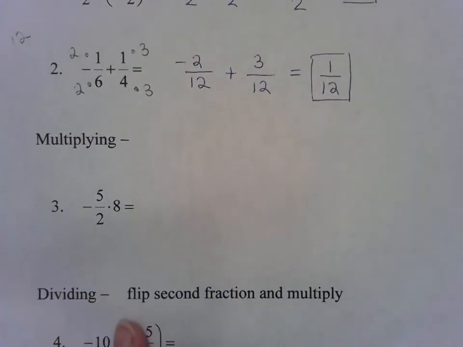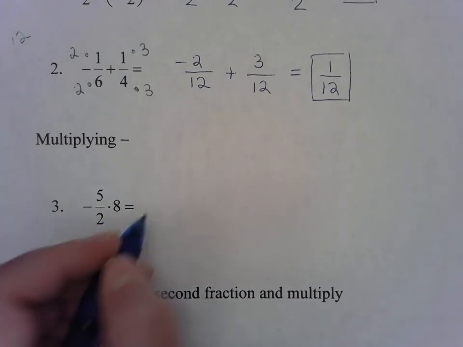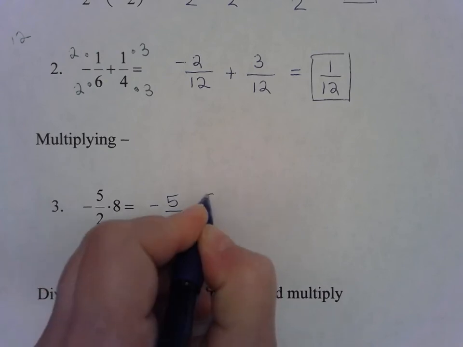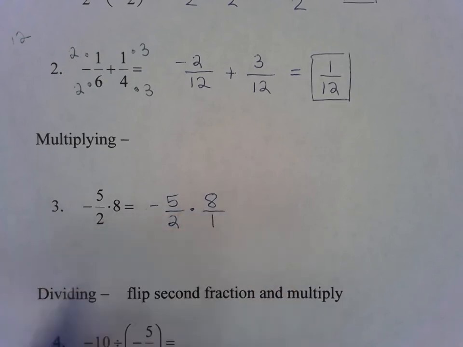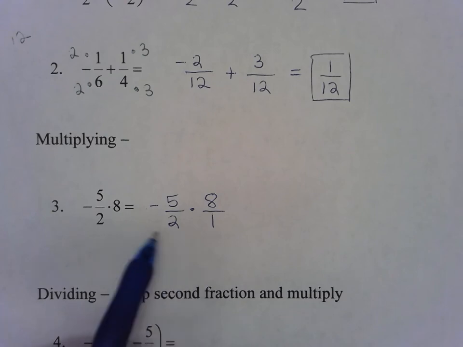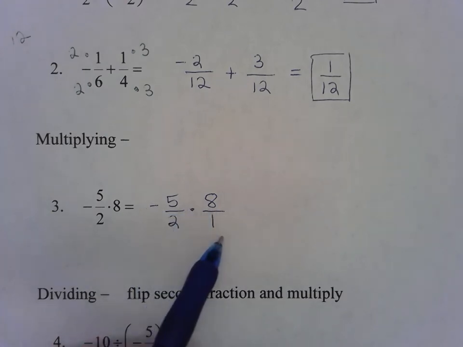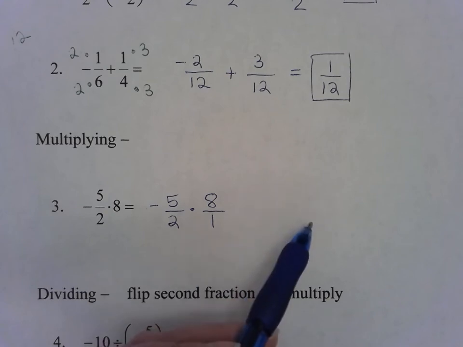For multiplying, keep in mind that any whole number can be represented as a fraction. So 8 would be the same as 8 over 1. Okay. You can do your simplifying at the beginning or at the end. So you could multiply these together first and then take out any common factors.